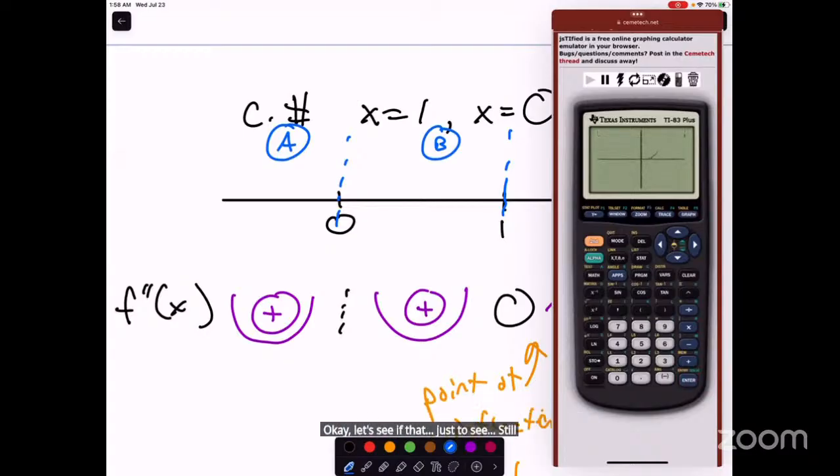Still looks weird, but you can see where it kind of does this little weird dip. Yeah, you can kind of see it there.